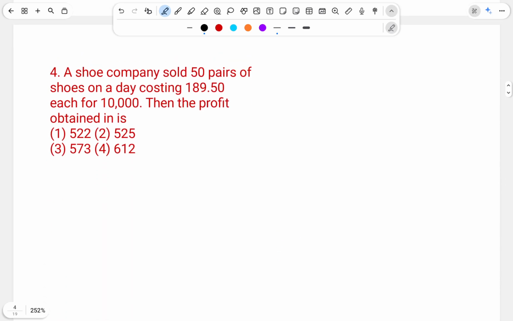A shoe company sold 50 pairs of shoes on a day, costing 189.50 each, for 10,000. Then the profit obtained is... So CP of 50 pairs is each one given 189.5, and the same thing sold, SP is equal to 10,000.